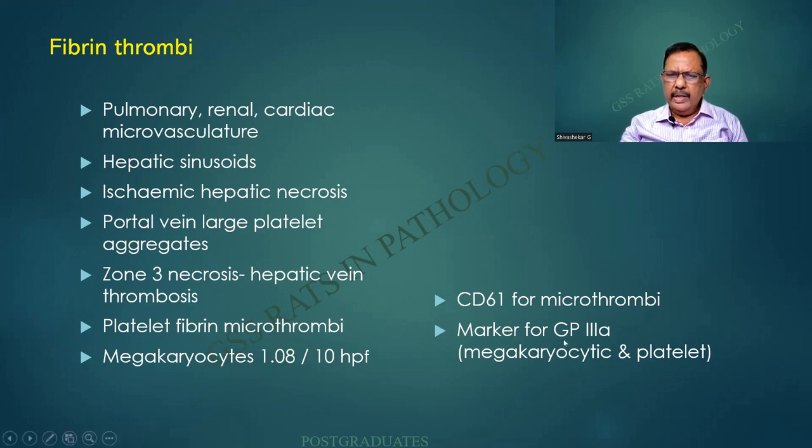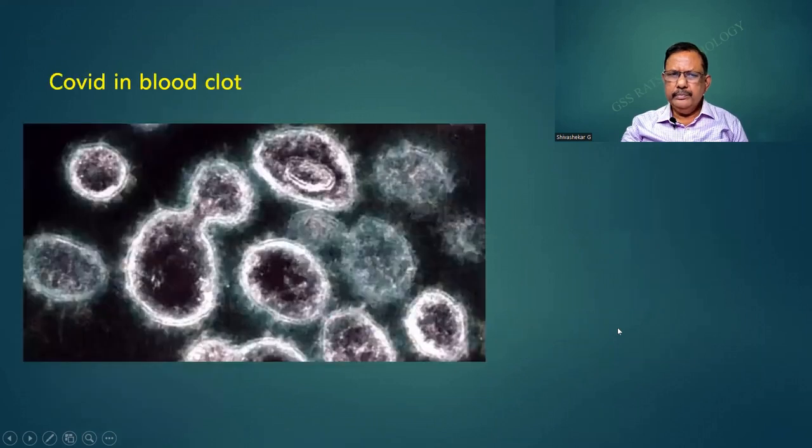CD61 is the marker. And there is a marker for the megakaryocyte and platelet, GP3A. This you will be knowing. The COVID in a blood clot. As I told you earlier, it need not primarily be the liver that is affected, but it can be from the blood, and the liver can be showing secondary changes. The spikes can be very well appreciated.